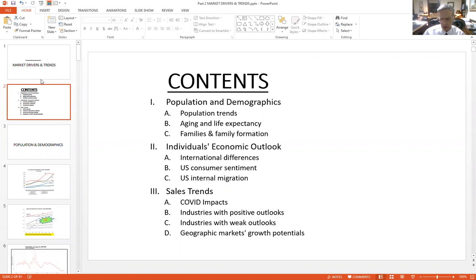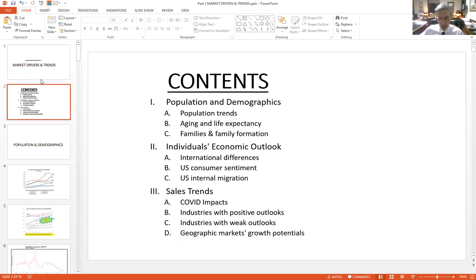And then we'll take a look at some real-life implications of population and demographics and consumer sentiment insofar as specific industries and specific product categories are concerned.